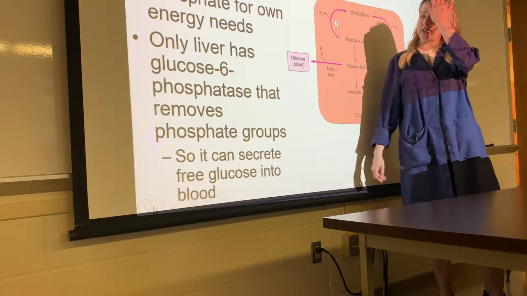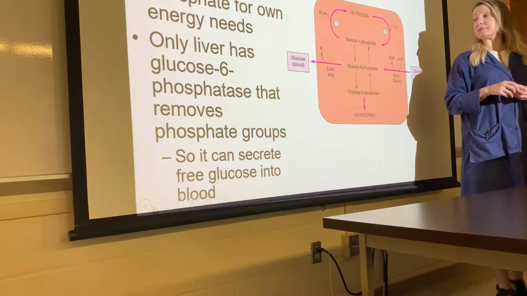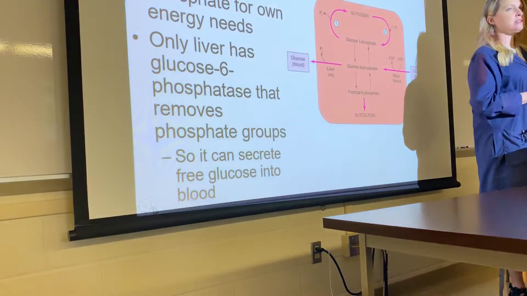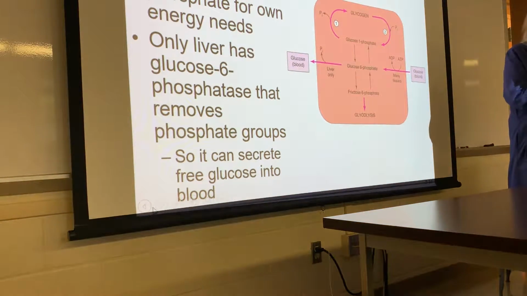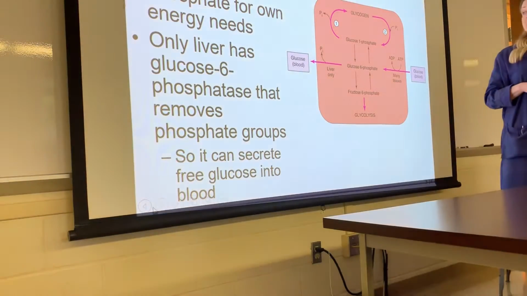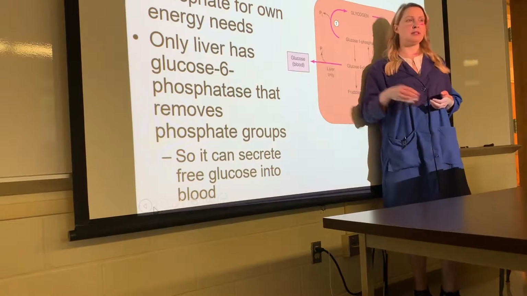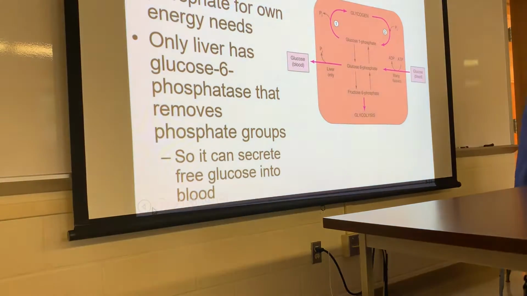Glucose 6-phosphatase removes the phosphate, and now glucose can be released. So glycogenesis and glycogenolysis can really only occur in those 2 places, the liver cell or skeletal muscle cells. And only the liver has glucose 6-phosphatase that can release glucose into the bloodstream. That's pretty much where we left off in the last class.